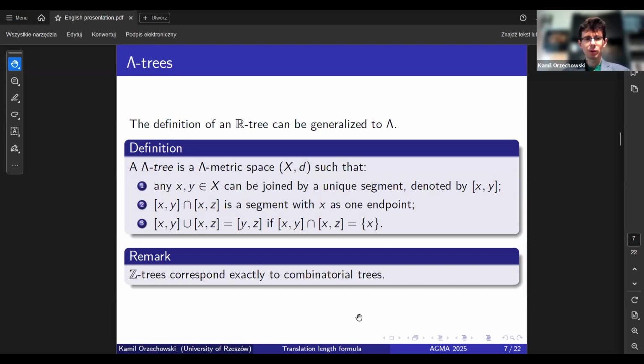I make an important remark. Under this definition, Z-trees correspond exactly to combinatorial trees, more precisely to their sets of vertices with shortest path metric.